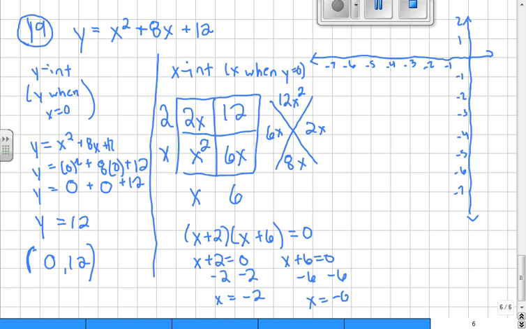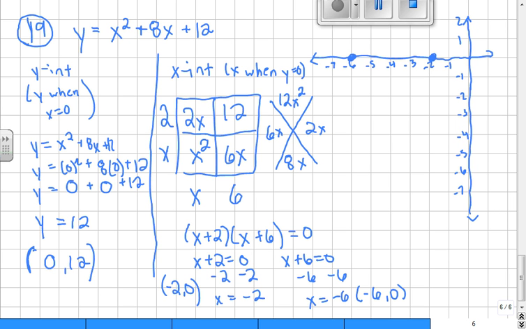X equals negative 6. So this point, it's x when y is 0, so it's negative 2, 0. And this point is going to be negative 6, 0. So let's put those on our graph. We've got negative 6, 0, and we've got negative 2, 0.